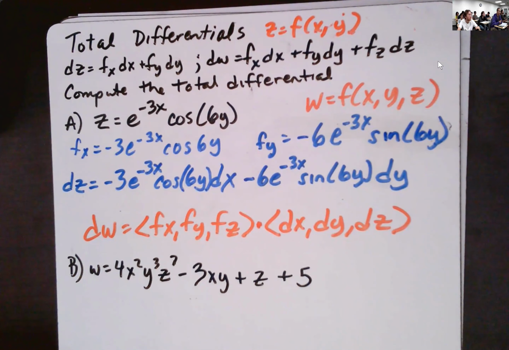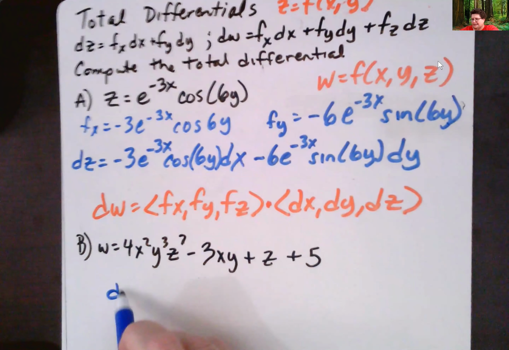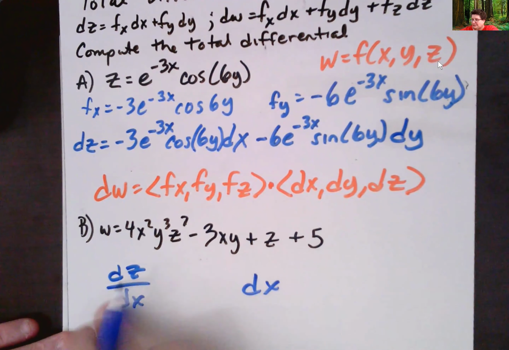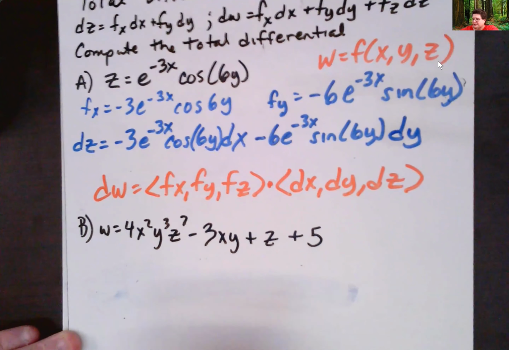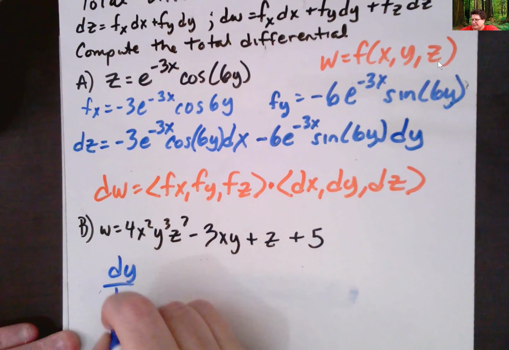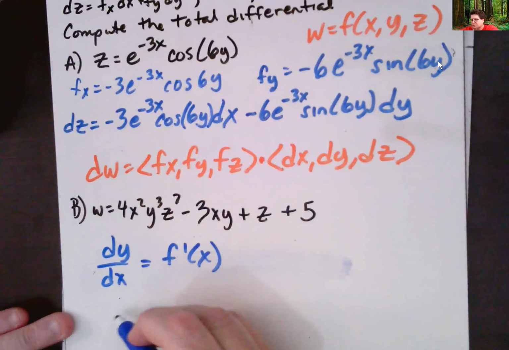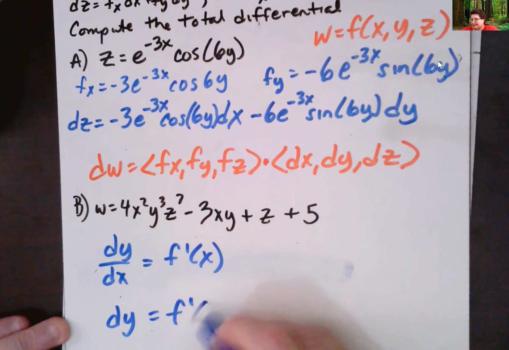Why is it a partial of x? Is that dx another partial of x? No. This is very much looking like dz dx, but having the dx on the other side. You did this with dy dx too. You would have dy dx equals f prime of x, but the way we did differentials in Calc 1 was f prime of x dx.